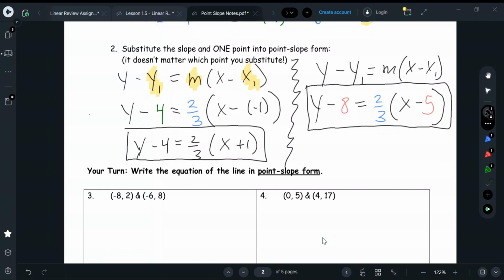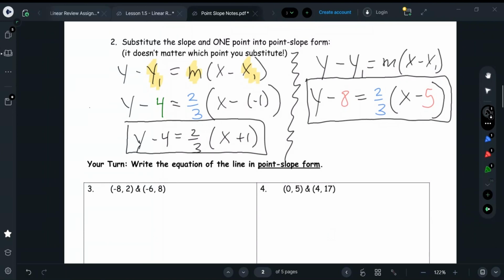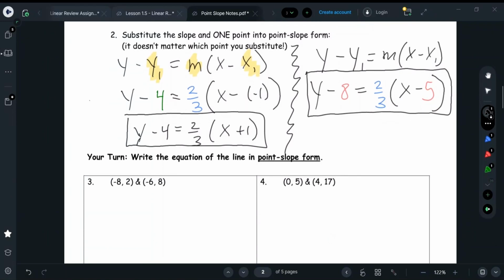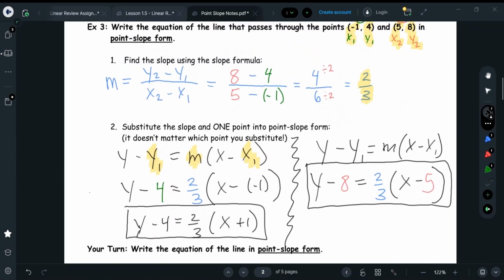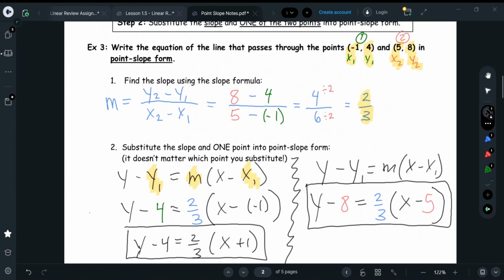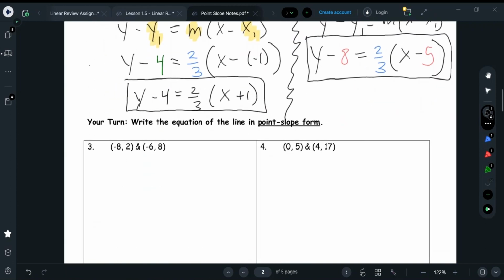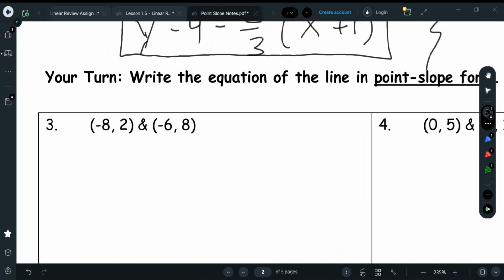Now it's your turn to give this a try. So down here on numbers 3 and 4, I want you to do the exact same thing that we just did here in the example. First step is find the slope. So to find the slope, you've got to use the slope formula, and you have to use 2 points, right? So notice here for number 3, they give us 2 points. Label point 1, point 2, write down your x1, y1, x2, y2, calculate the slope.